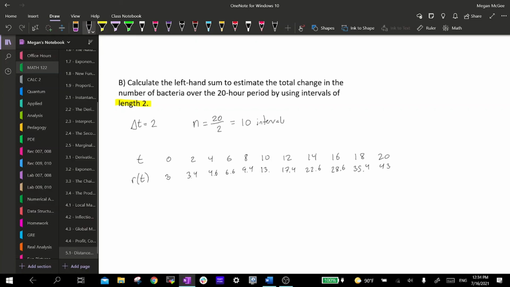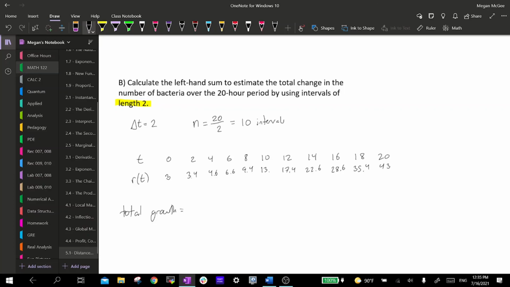And again we used the function given to calculate those rate values. So now our total growth, well, now we have to go through and do the left-hand sum of all of these intervals.